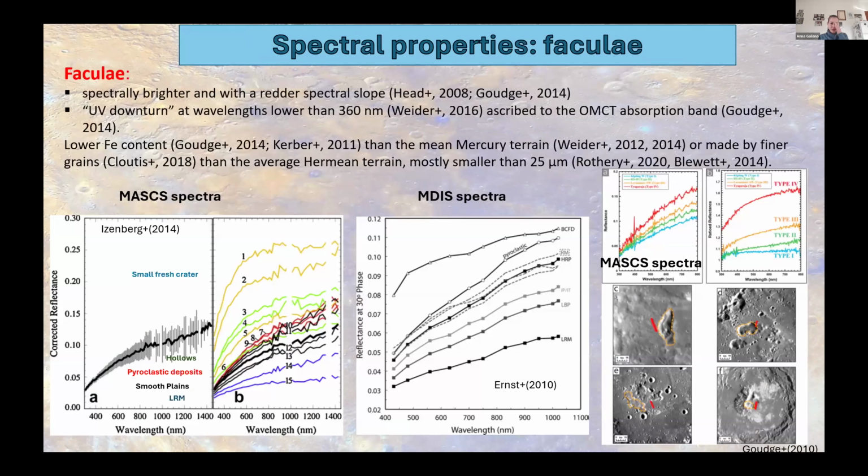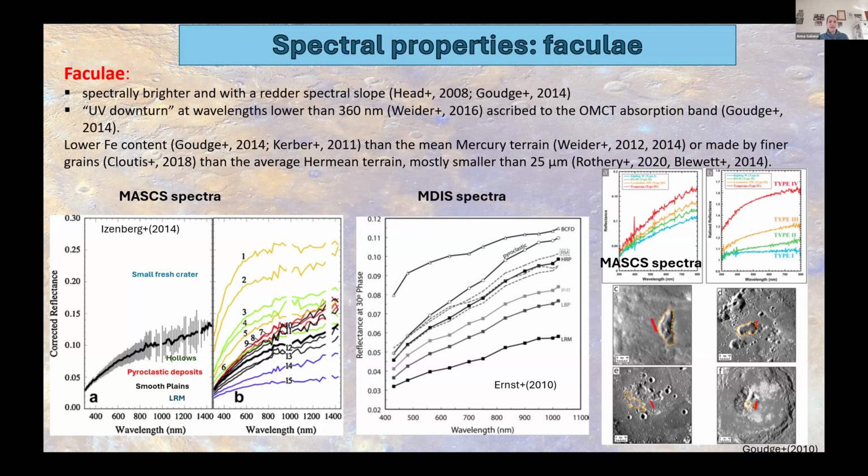Let's talk about the spectral properties of these two units. The faculae are spectrally bright and with a redder spectral slope with respect to the average terrains.